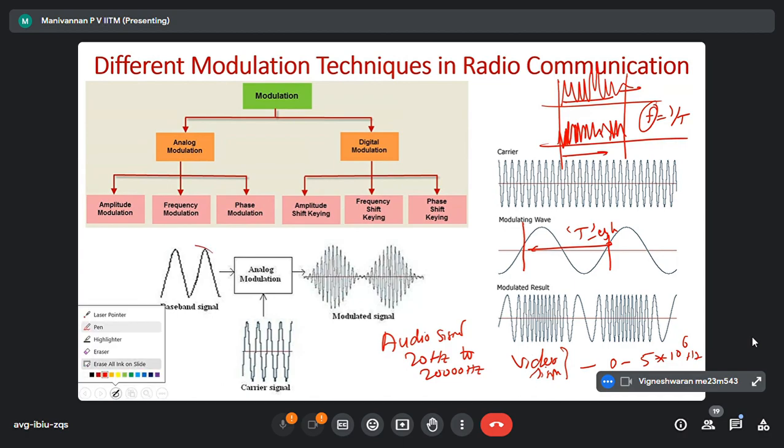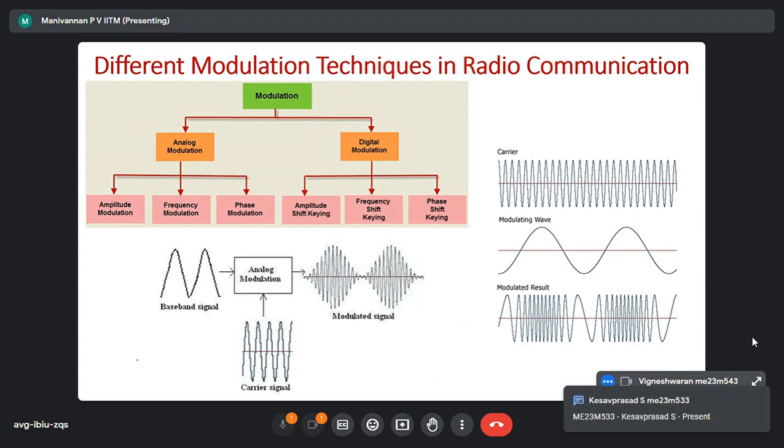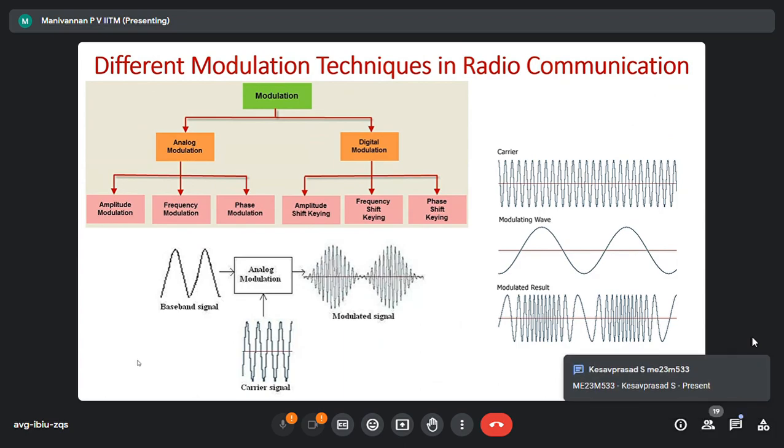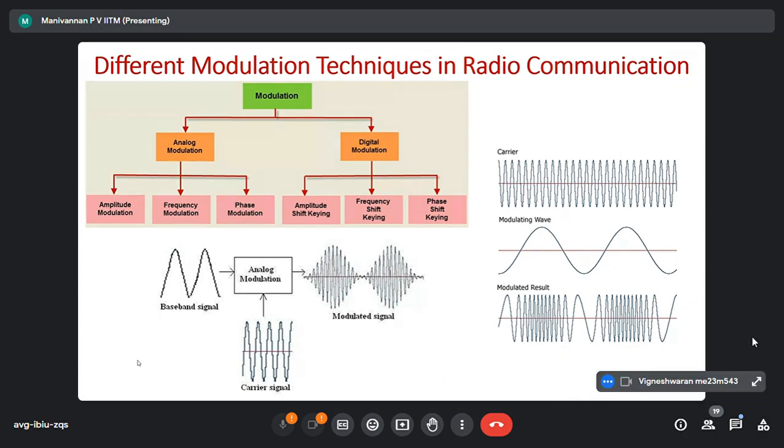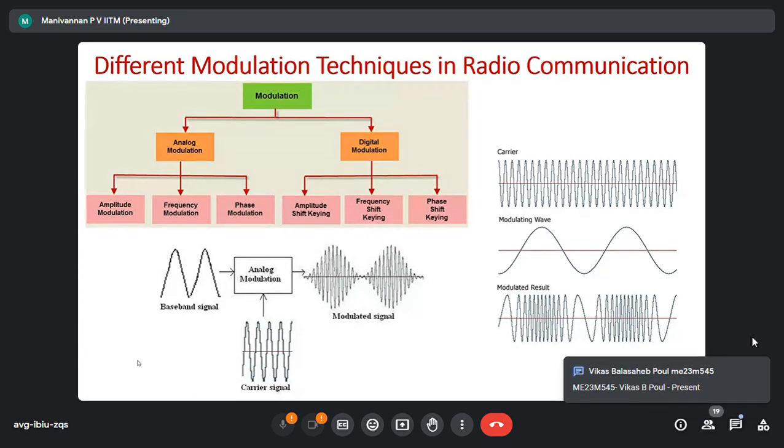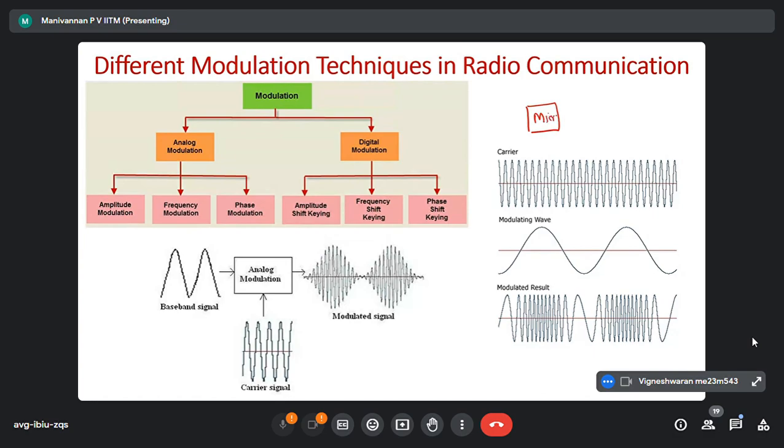There are two things I could not tell in the previous class, before going further. We know that in our radio communication system, for example, you have a microphone. You go to a TV station, a person is standing and talking.